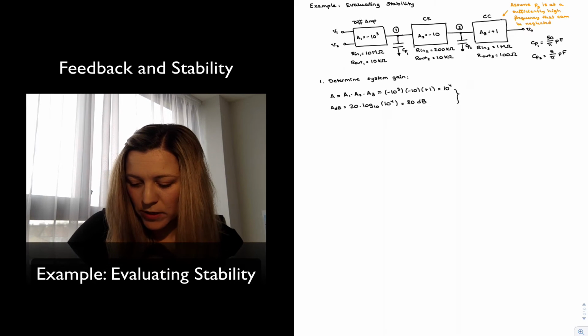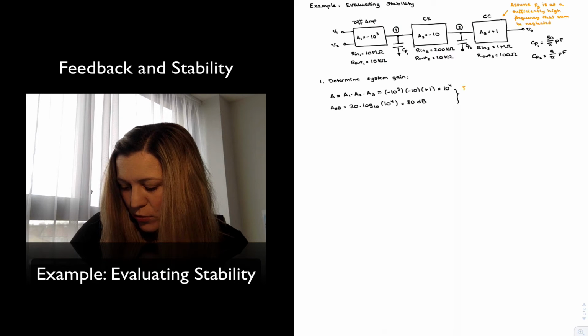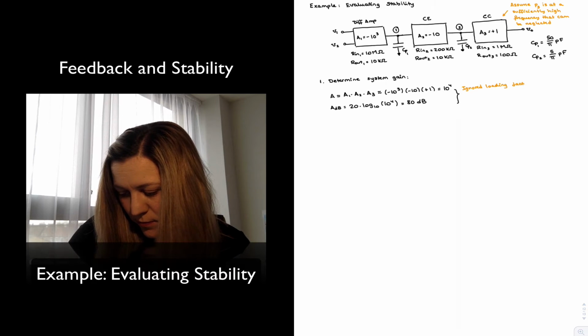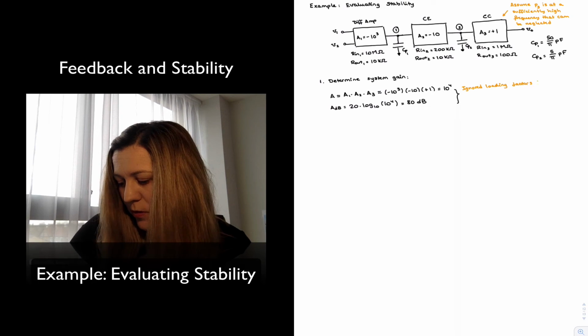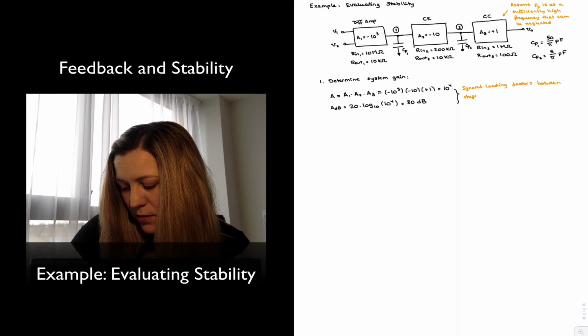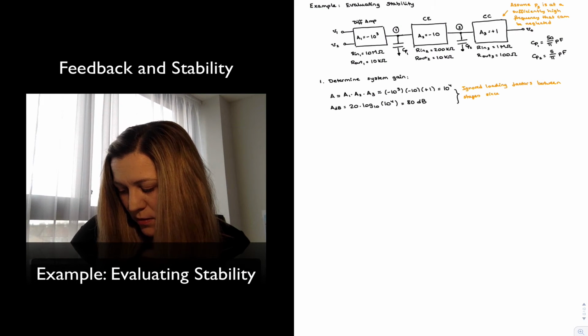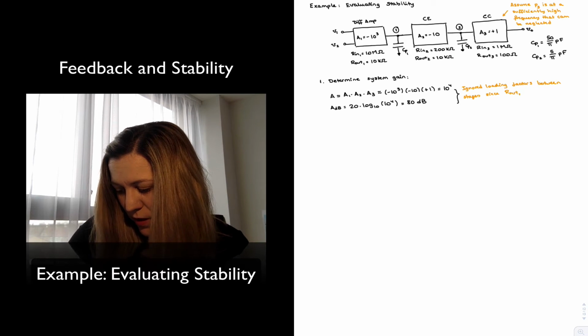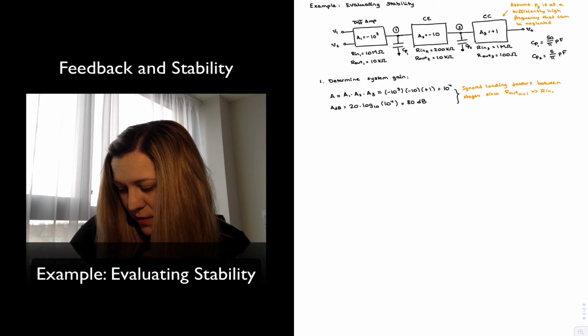And again, I'm going to make a note that I have ignored loading factors between stages, since R in of n plus 1 is much greater than R out of n.